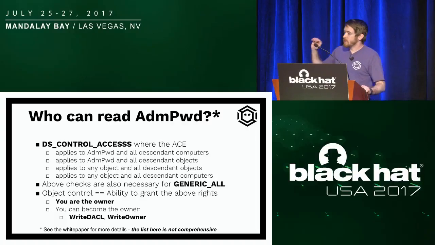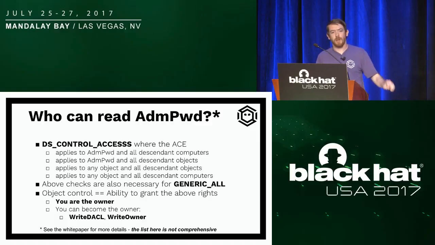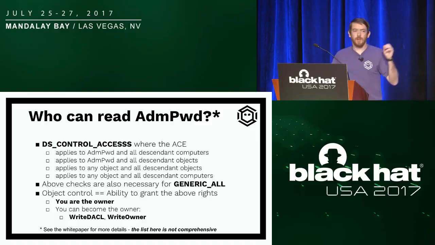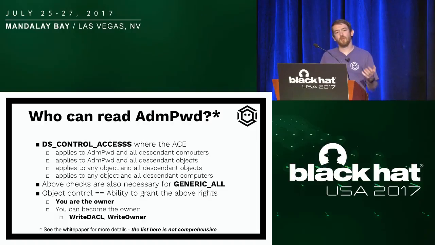So here is actually the not comprehensive list, because we found a little bit more after we submitted the slides, and the white paper actually is updated for it. But these are most of the cases where someone has the ability to read the admin password. You have the DS control access, and there's several inheritance cases, GenericAll, because that's going to imply all these extended rights, and then object control.